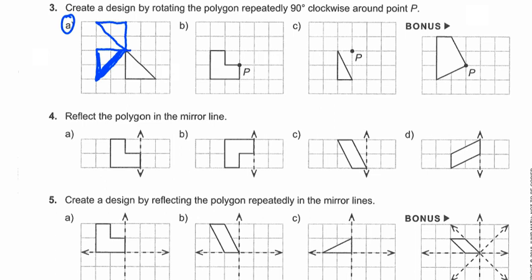And one more time, 90 degrees clockwise. I move that line down. And if I moved it again, I would land back on top of my original triangle. So that's what it looks like when you rotate it repeatedly around the point. So try that out for B and C, or for B in the bonus.